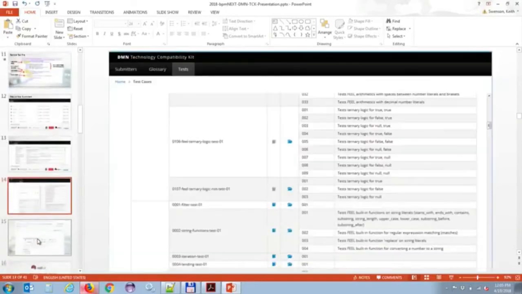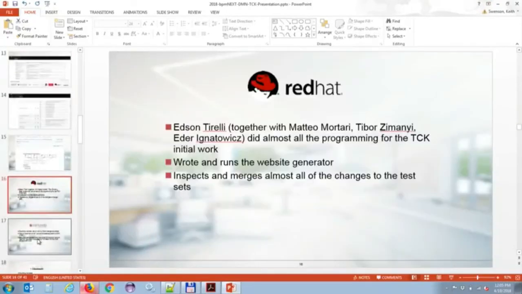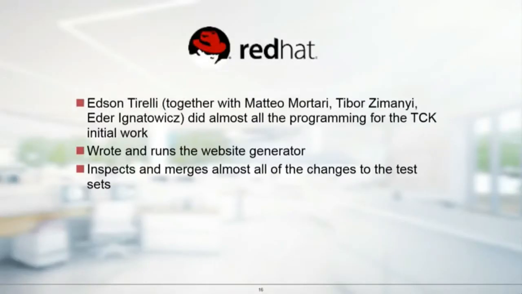Okay, so with that, I wanted to recognize the effort of a number of people, and it's really going to have to be Red Hat first. A lot of you know this, that Edson, who's standing in the back there, did an incredible amount of work on this. He really did a lot of the programming. He got the first runner working. He got the basic pieces in place.